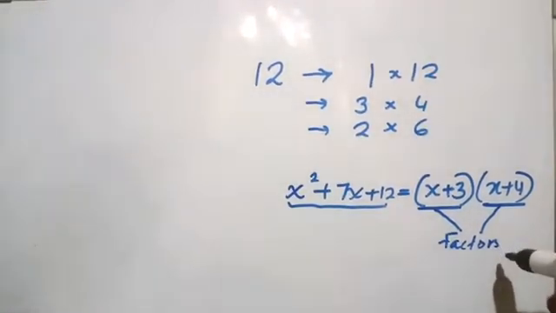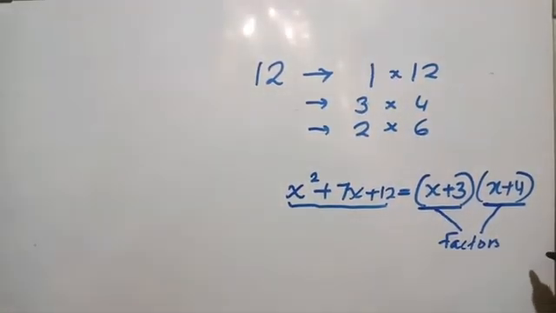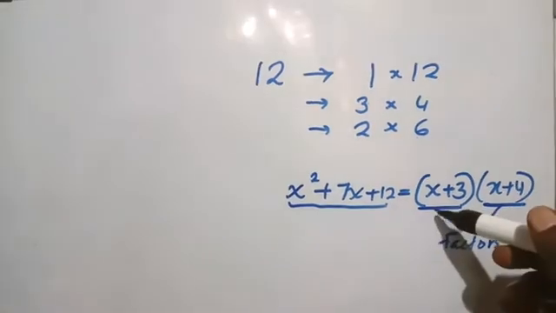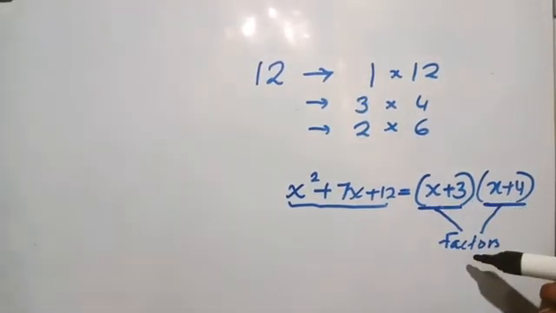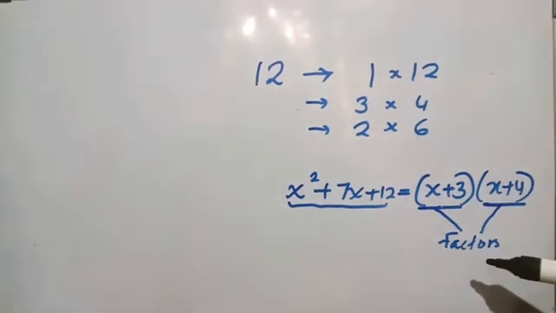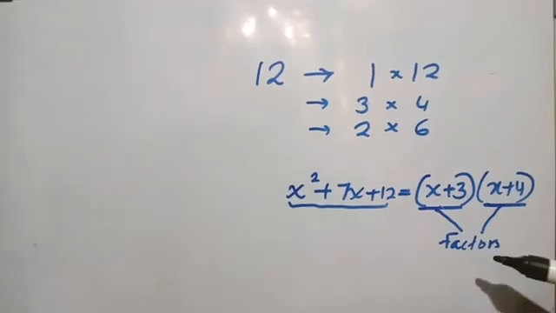So what are x plus 3 and x plus 4? They are factors. So x plus 3 is a factor, x plus 4 is another factor. So factorization is a process to factorize an expanded expression.